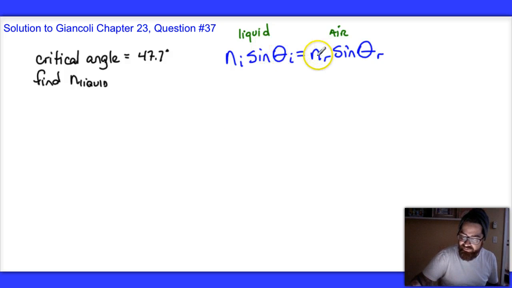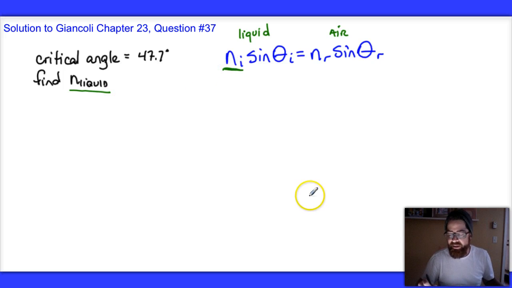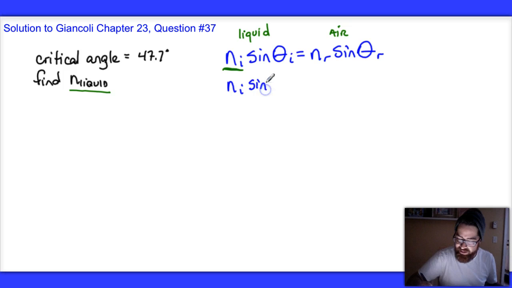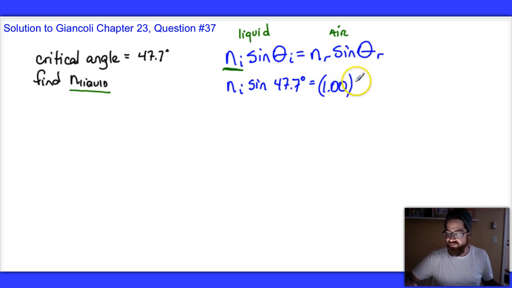So we're looking for the index of refraction of the liquid, which is going to be this guy, the index of refraction on the incident side. The air side, of course, is 1, and everything else is known. So the next step would essentially be to substitute. I can say that Ni times the sine of the incident angle, which in this case is 47.7 degrees, is equal to the index of refraction on the refracted side, 1.00 is the index of refraction of air, times the sine of 90 degrees.